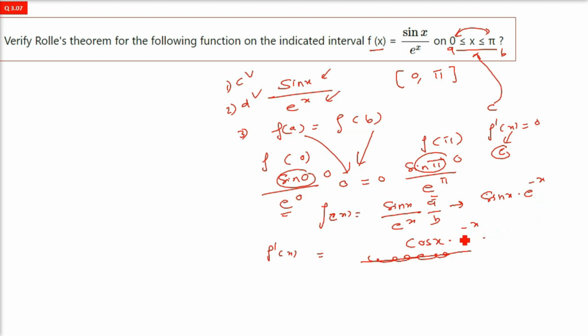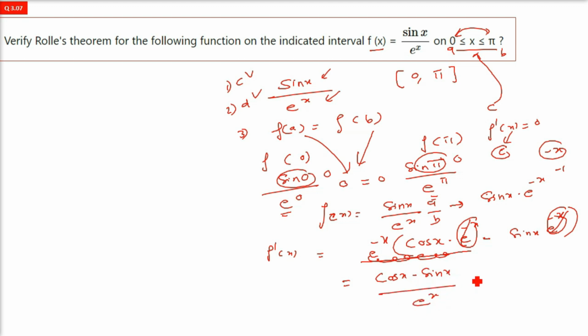Then I have to differentiate e raised to minus x, which will be e raised to minus x, but the derivative of minus x will be minus 1. So this minus will be in between. Now we can take e raised to minus x common, and that will go in the denominator. So we have cos x minus sin x divided by e raised to x.